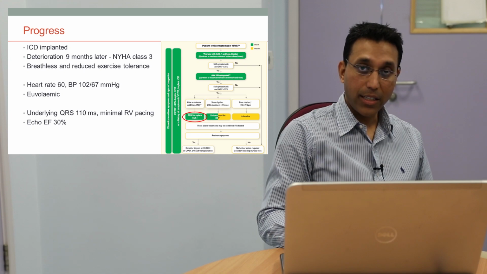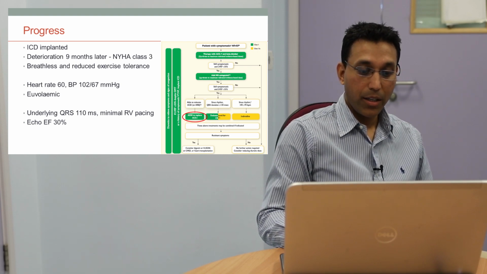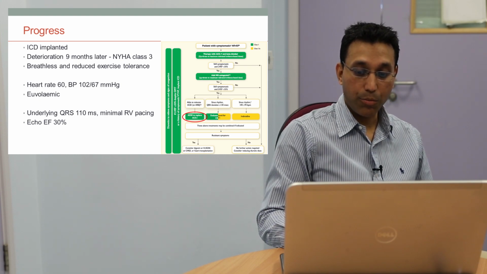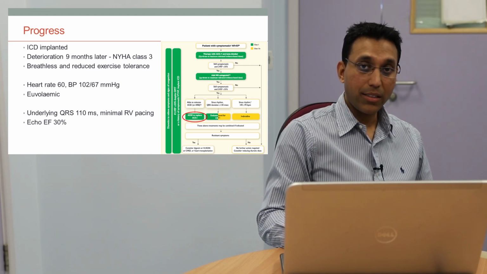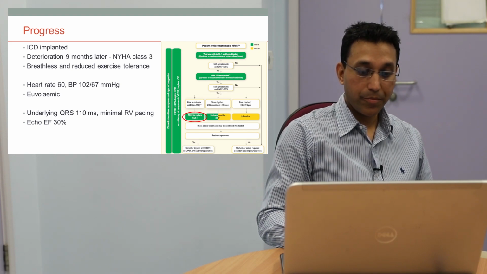Looking at her next steps in the algorithm, you can consider any of the following treatments in isolation or together. So there's no indication for either upgrade to CRT-D, although this would have been considered if her QRS had become broad, particularly if she had left bundle branch block, or if she were to be significantly RV pacing from the ICD.